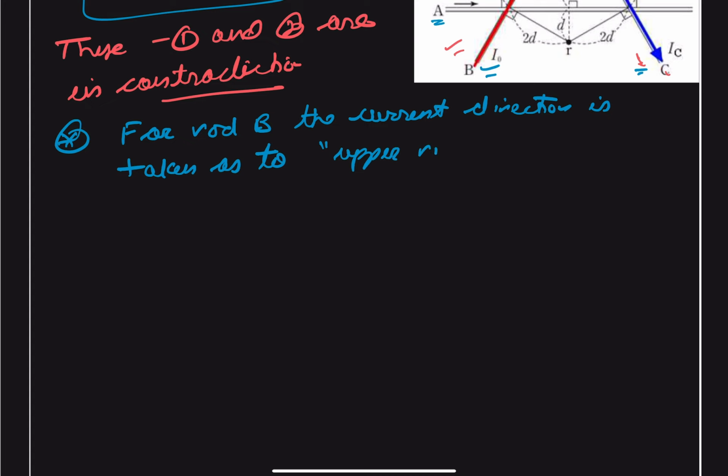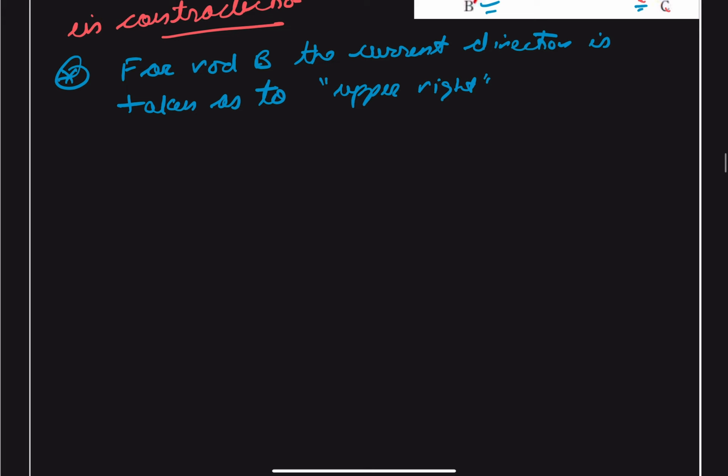Once again let us draw rod B. So this is our rod B, and we have current I naught in upward direction, and once again we do the same calculation. This is your point P at a distance D from the rod, and this is our point Q at a distance 2D from the rod.